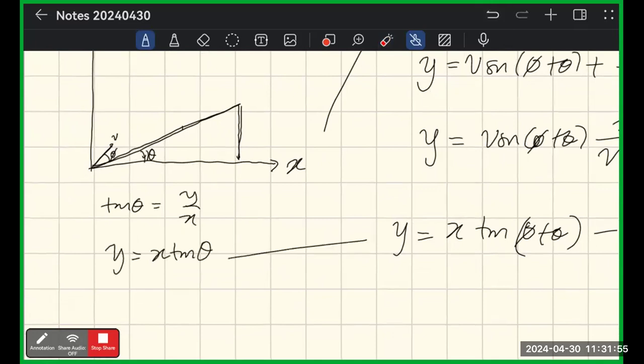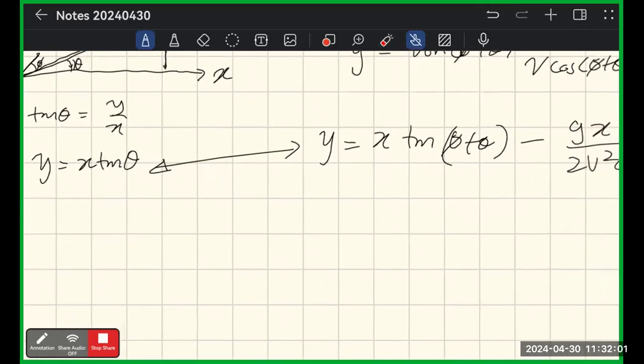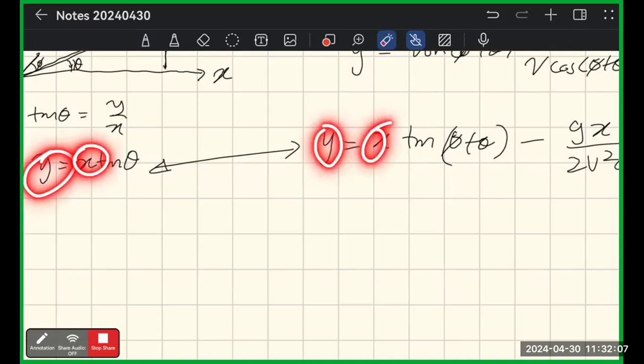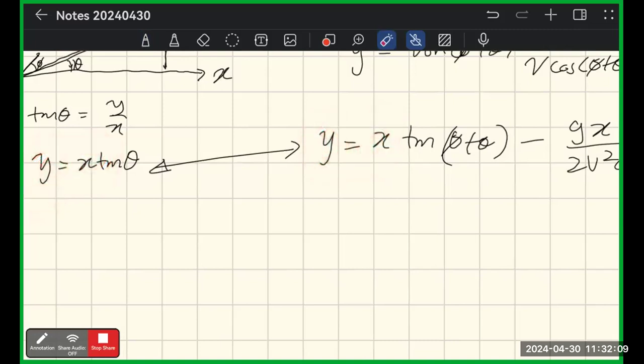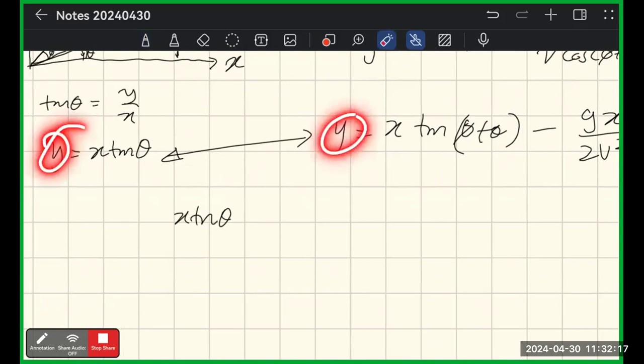Because these are two equations, we can just plug it in right away. We'll just intersect both of them. So the y here equals the y here, and the x here equals the x here, and you'll straight away get the y and the x. So just plug it in. x tan theta will equate both of these y's.